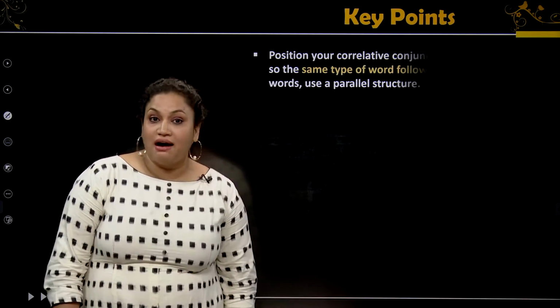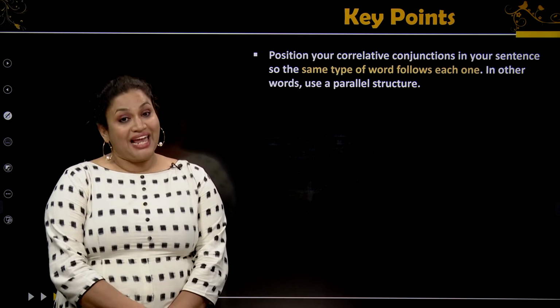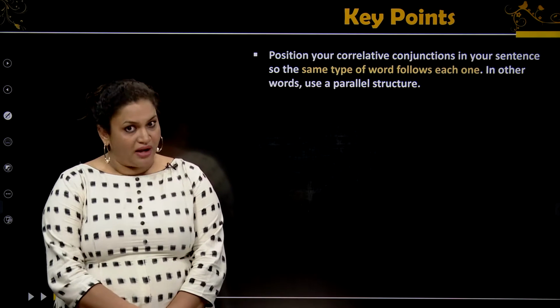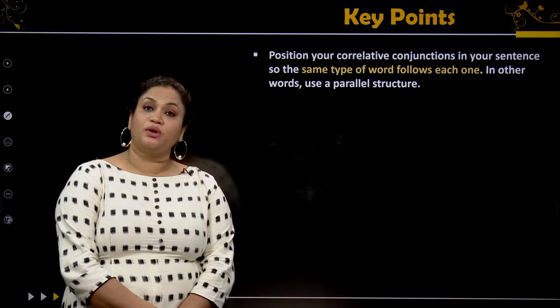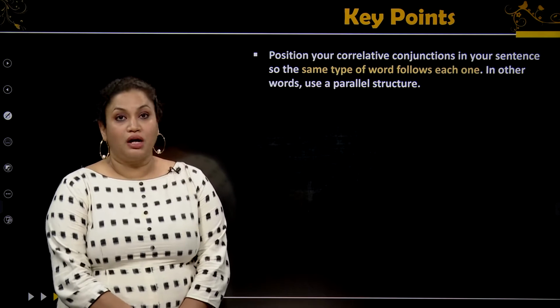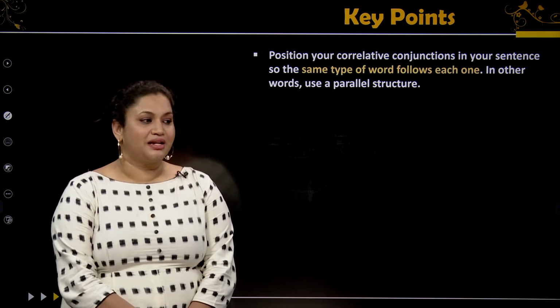And the key points are: position your correlative conjunctions in your sentence so the same type of word follows each one. In other words, use a parallel structure. Yes, we'll be having a session on parallel structure very soon, so you will know how to use it and why it is important.